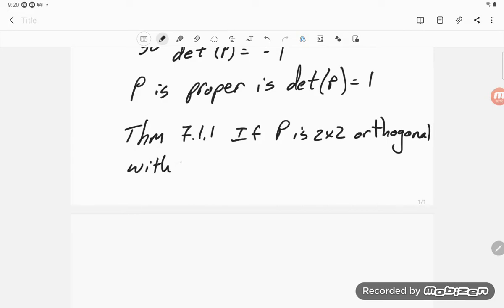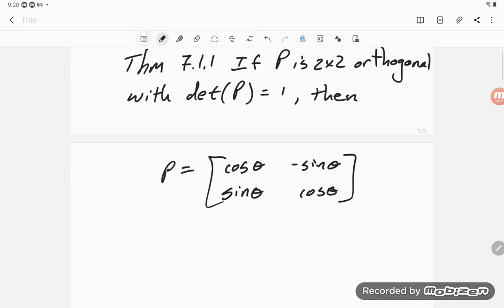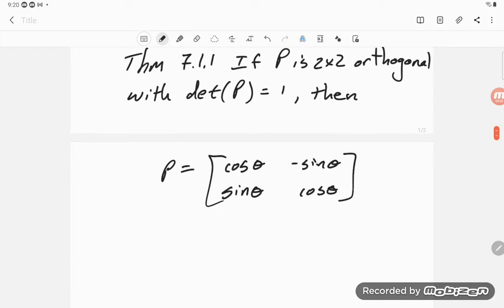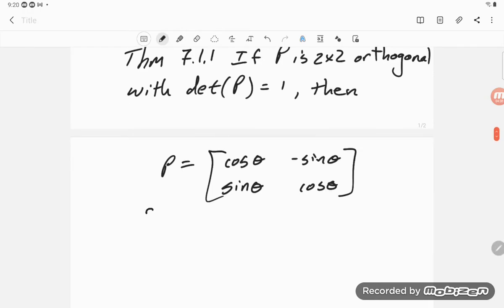So with the determinant of P equal to 1, we can write P as cosine theta, sine theta, minus sine theta, cosine theta, for some theta.